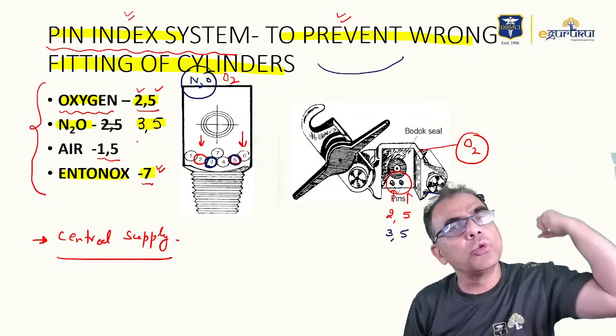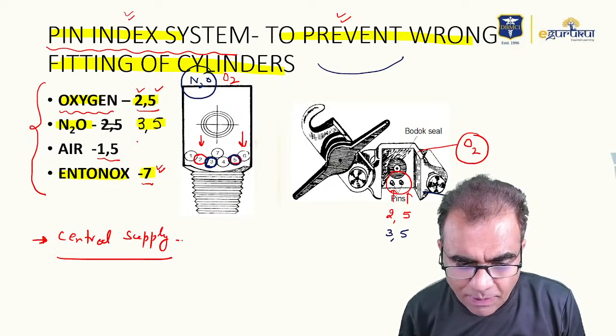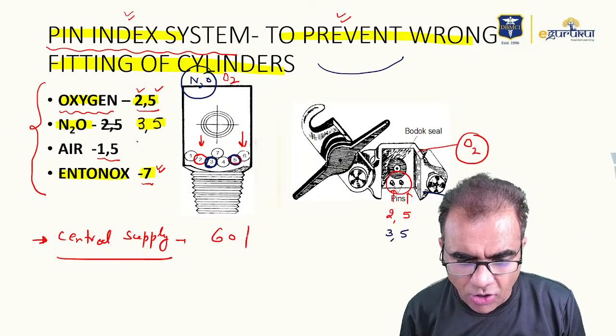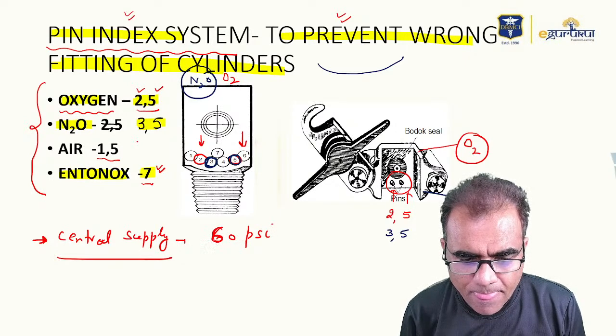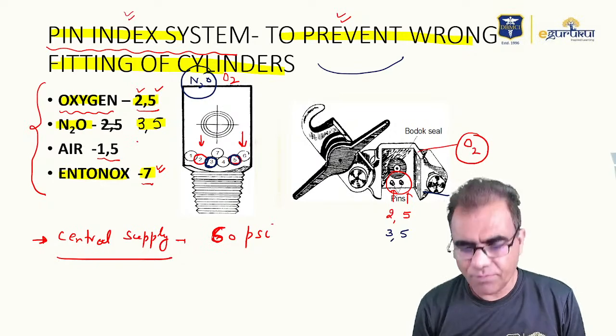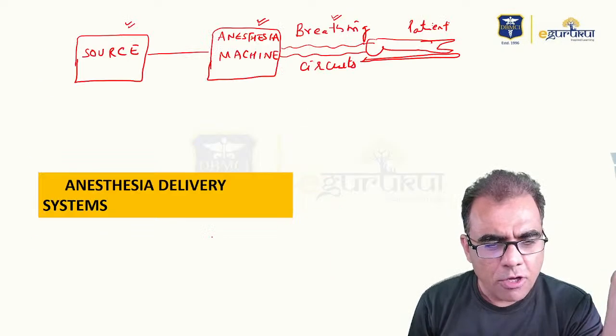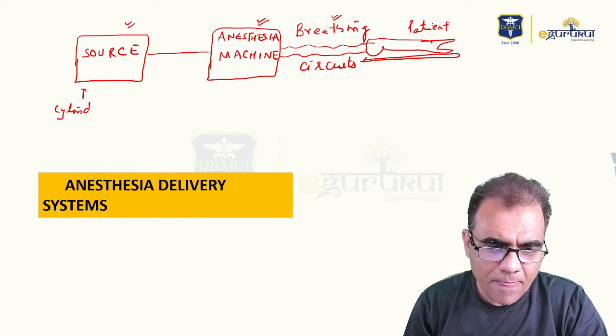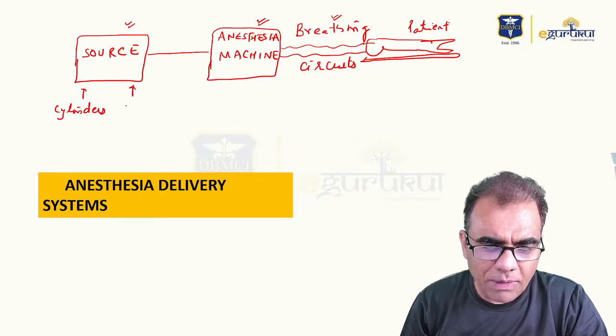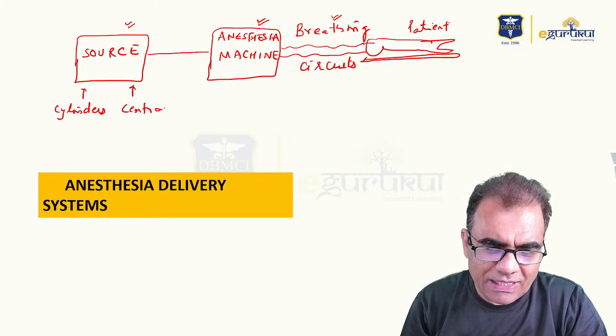So gases are coming through central supply. Through central supply, gases are supplied at a pressure of 60 pounds per square inch. 60 psi. So simply you can say now our sources of gases can be cylinders or can be central supply.